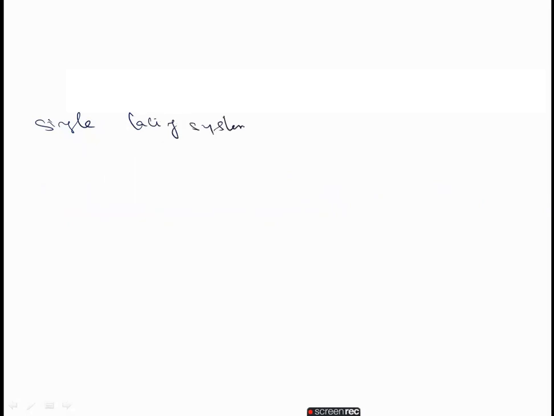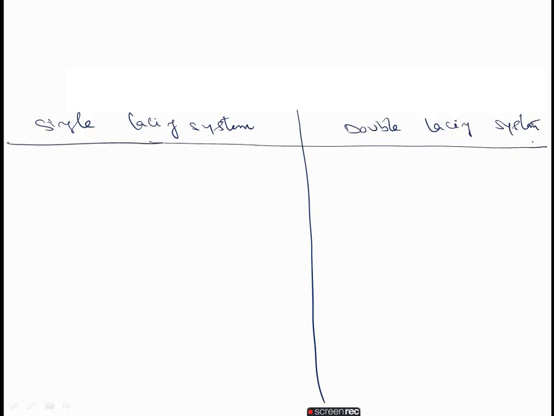Single lacing system, and again double lacing system. I will draw a diagram. Why are we providing these lacing systems? The main object of providing the lateral system is to keep the main members of the column away from the principal axis.